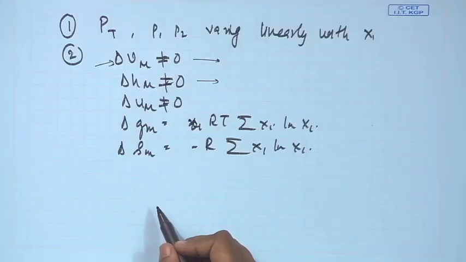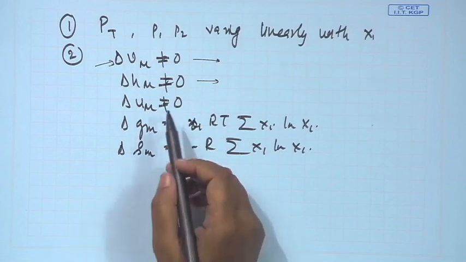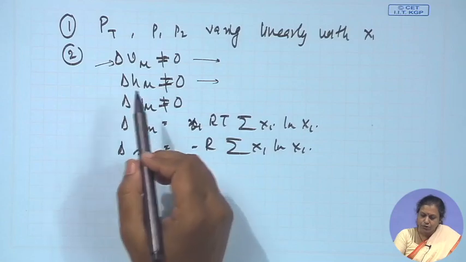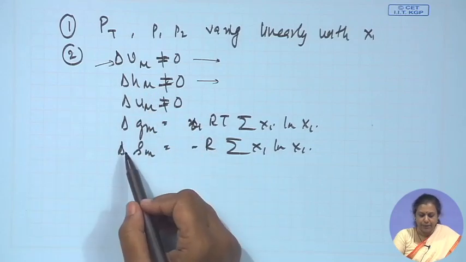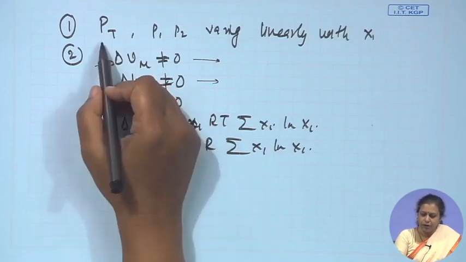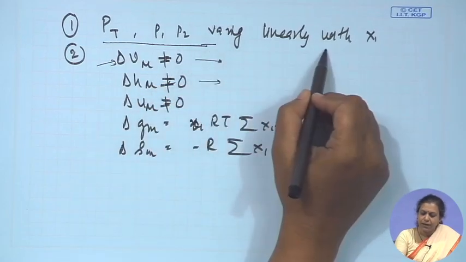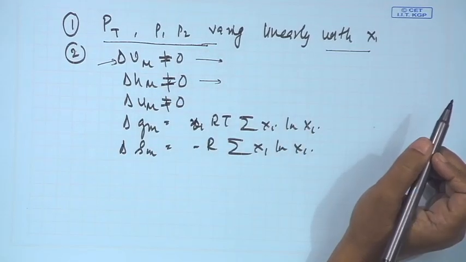Or it can happen that more than one characteristic is not being exhibited by the non-ideal solution. So, for a non-ideal solution, if these things happen, then quite naturally your pressure cannot vary linearly with xi. It is going to deviate from this, and the deviation can be either way.